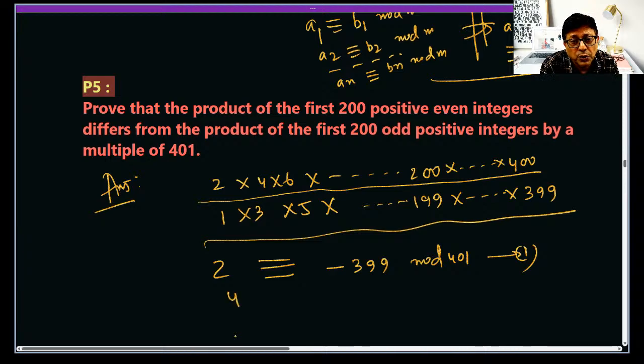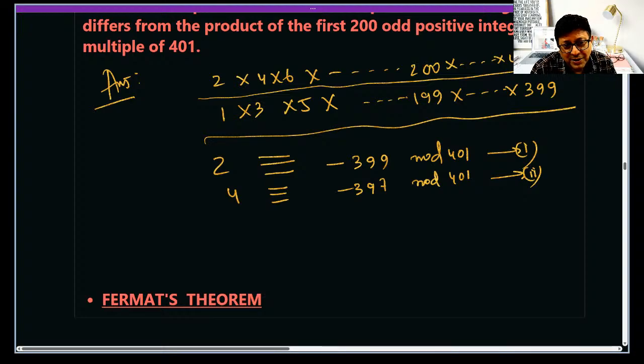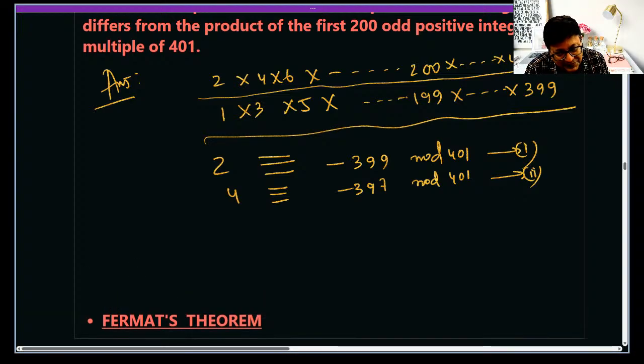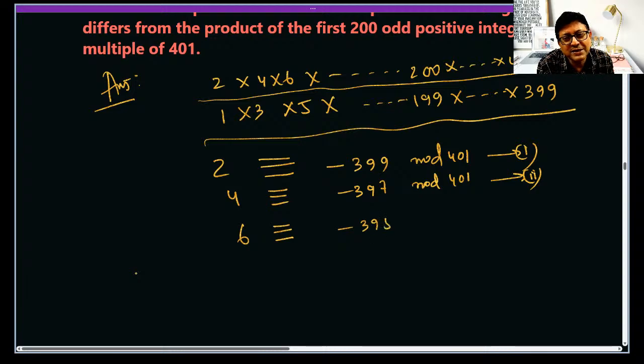Number 2, 4 congruent with minus 397 mod 401. You understand the pattern? Then what's going to be? 6 congruent with minus 395 mod 401.